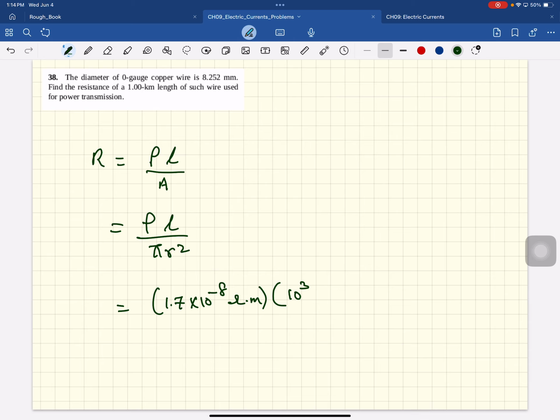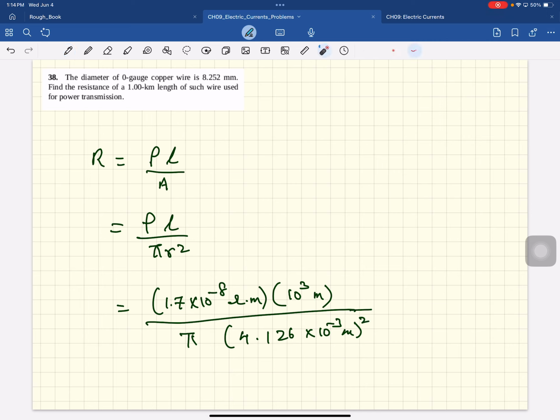Length is 1 kilometer, 1,000 meters. Pi r squared, where r is 4.126 into 10 to the minus 3 meters. Okay, powers of 10, that's 10 to the minus 6, that becomes 10 to the minus 2, and 10, so 17.